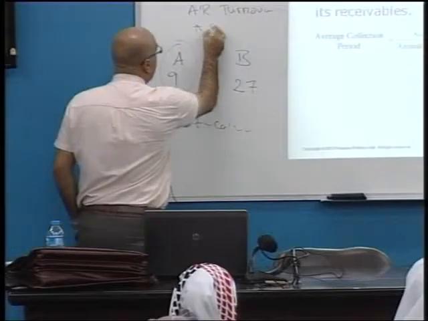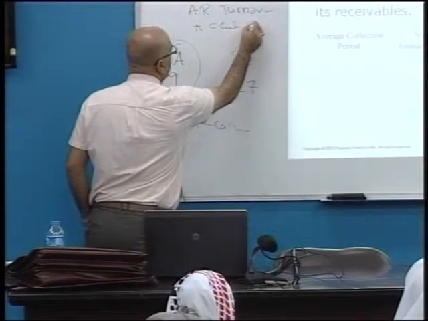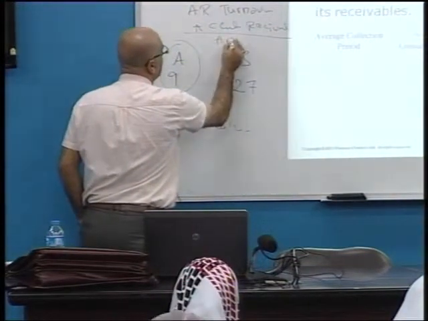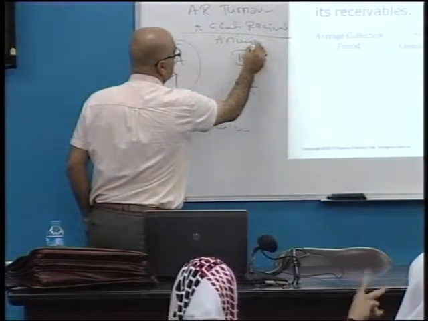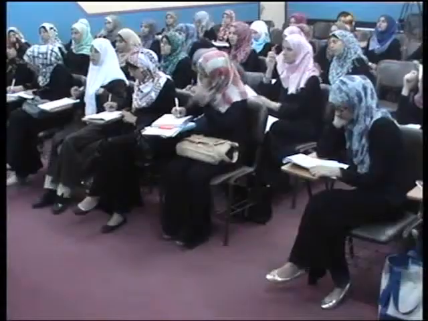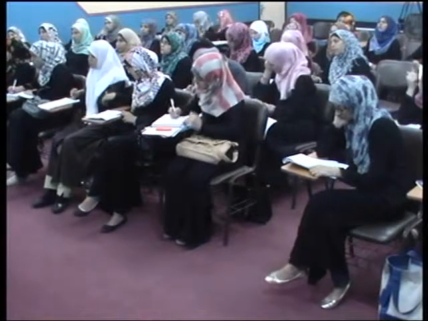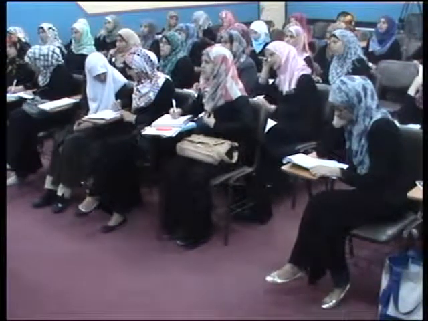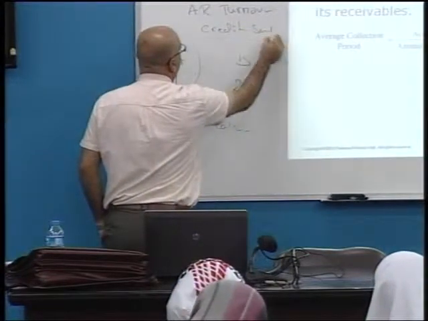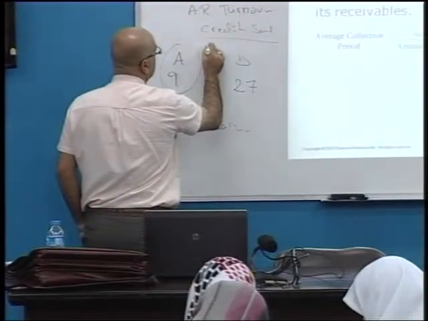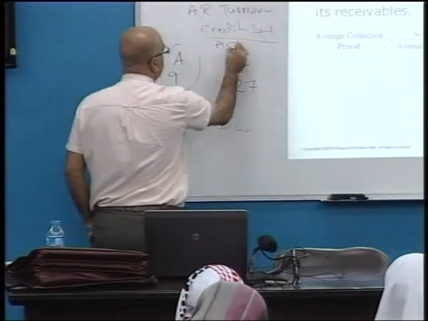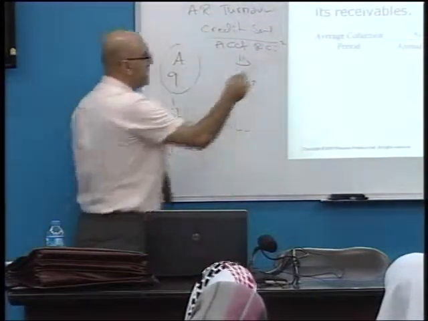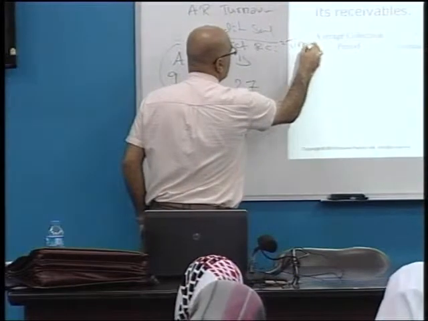They divide the annual credit sales by the account receivable. So the result is in times.